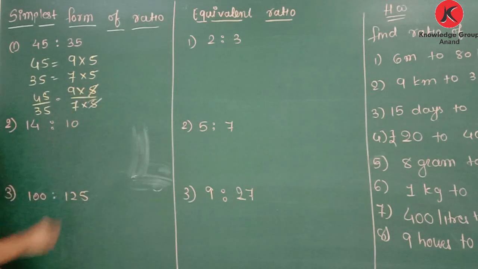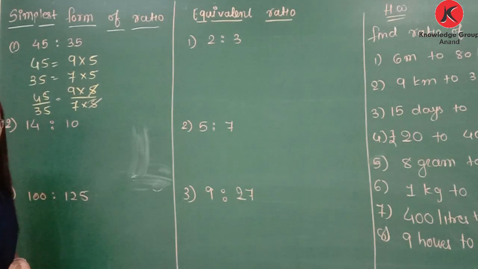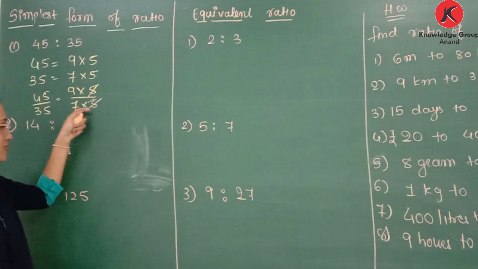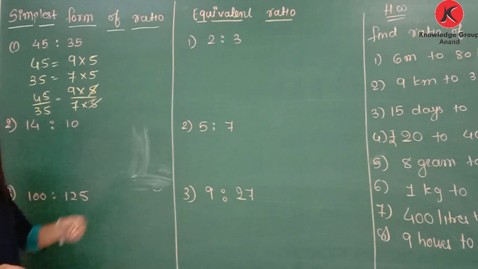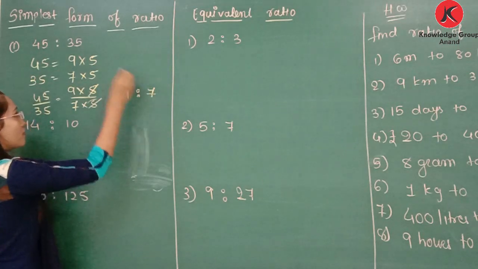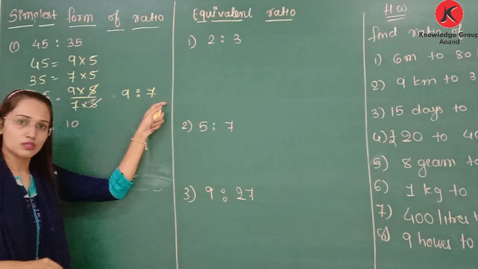You can cut the common factor 5. Now between 9 and 7 there is no common factor other than 1. 9 ones are 9 and 7 ones are 7, so the only common factor is 1. This is called the simplest form. So the simplest form of 45 is to 35 is 9 is to 7.